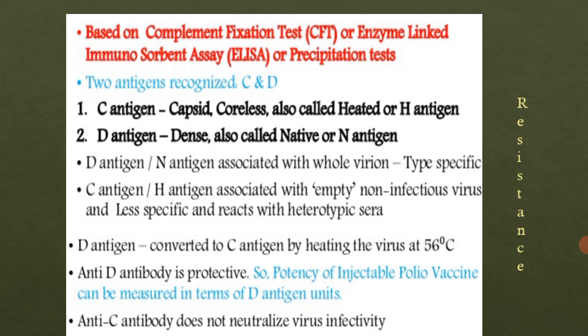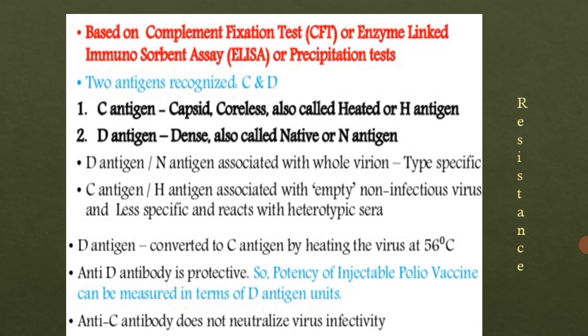So we can say that the D antigen has the genome of the virus, whereas the C antigen does not have the genome, it only has the outer structure, or we can call it the empty virus, non-infectious virus. It is less specific and reacts with heterotypic sera, with different types of antibody it can give the reaction.